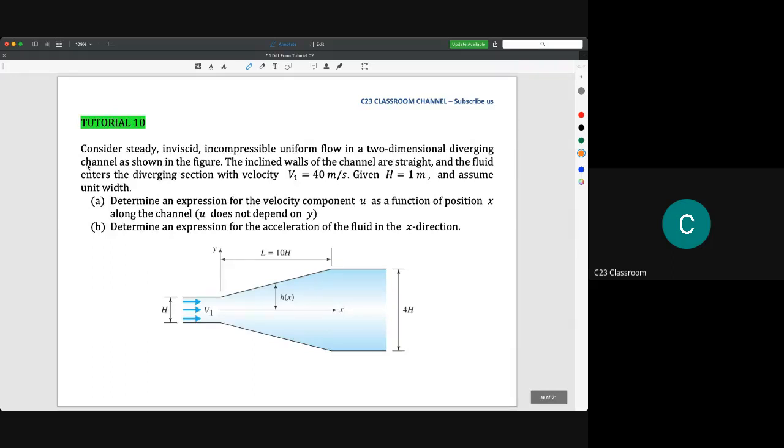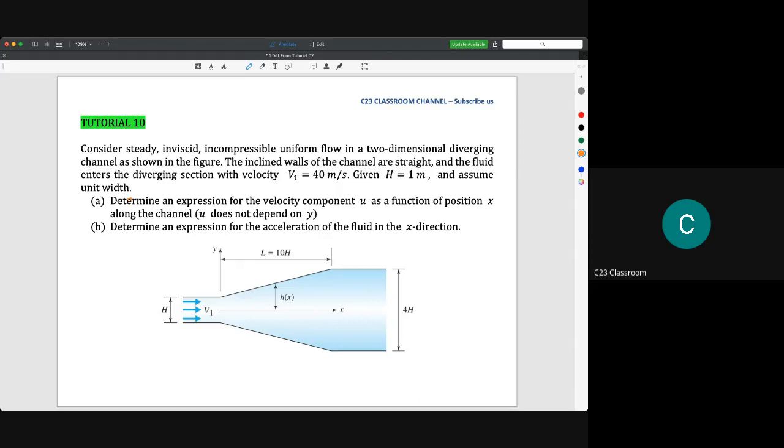In tutorial 10, consider steady, inviscid, incompressible uniform flow in a two-dimensional diverging channel as shown in the figure. The inclined walls of the channel are straight and the fluid enters the diverging section with velocity v1 equal to 40 meters per second, given h is equal to 1 meter. And assume 1 unit width.